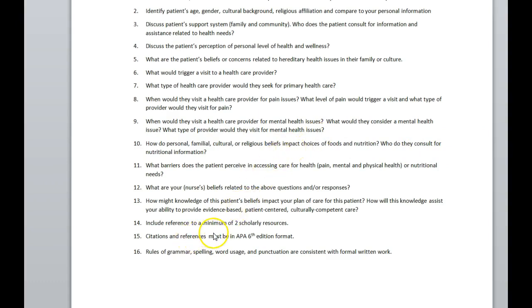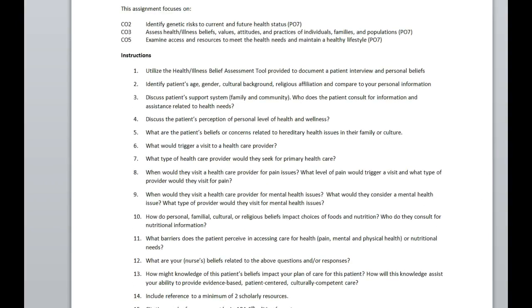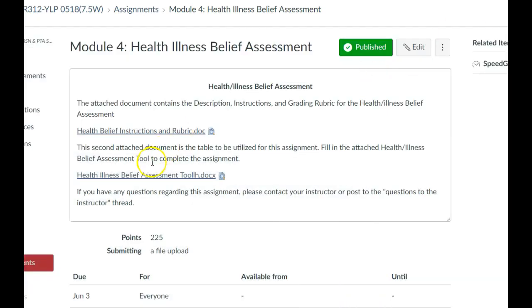You need to include 2 scholarly references, and usually I like to see something besides your textbook. Again, everything needs to be in APA format and rules of grammar, spelling, and word usage apply. So that is the instructions for that.